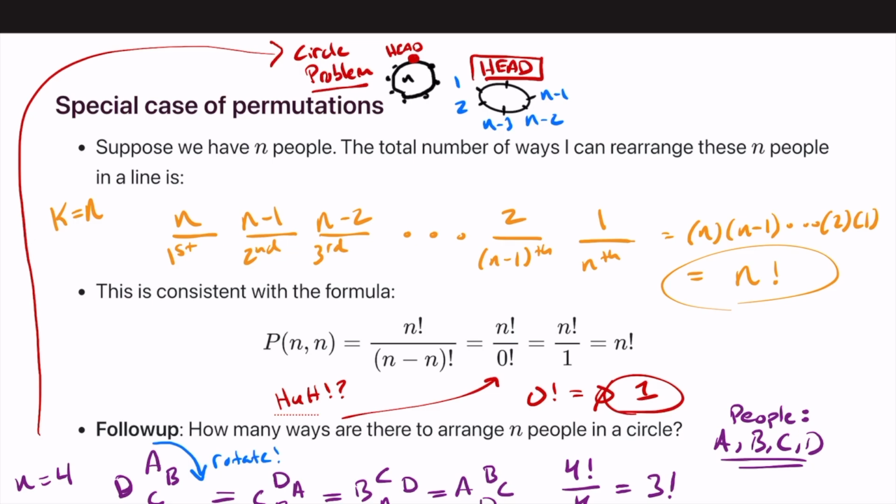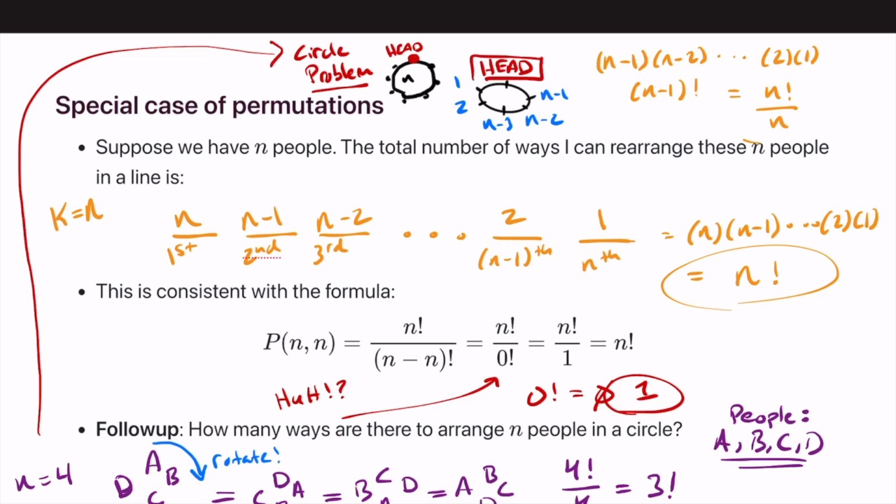Well, we have a fixed person in place, and we can take simply n minus 1 times n minus 2 all the way until we get 2 times 1. And what is this? Well, this is just n minus 1 factorial. And n minus 1 factorial can be expressed as n factorial over n.